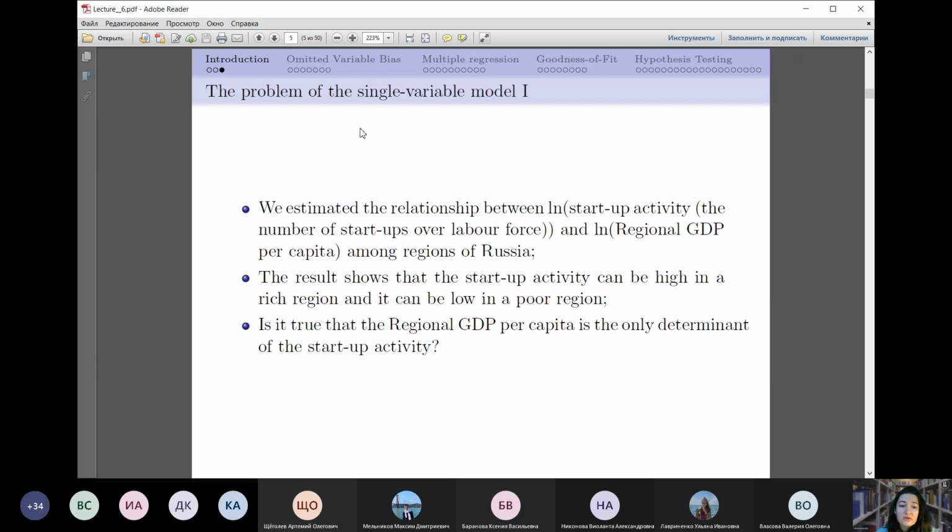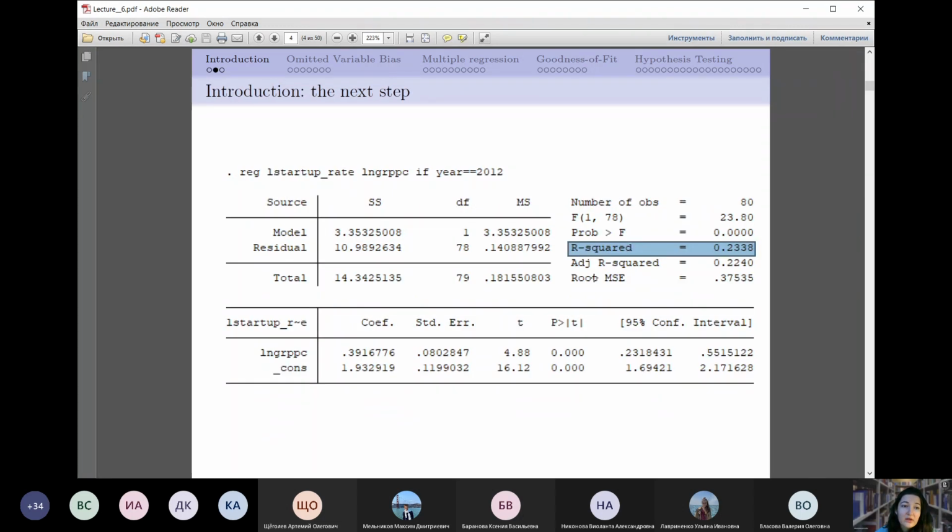So of course we should take into account many other determinants at the regional level that can influence our startup activity, not only GDP per capita, yeah?